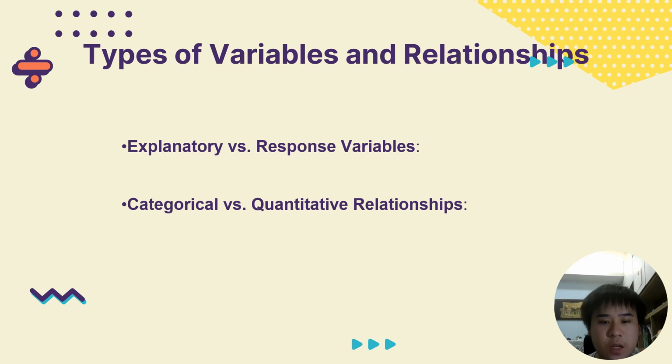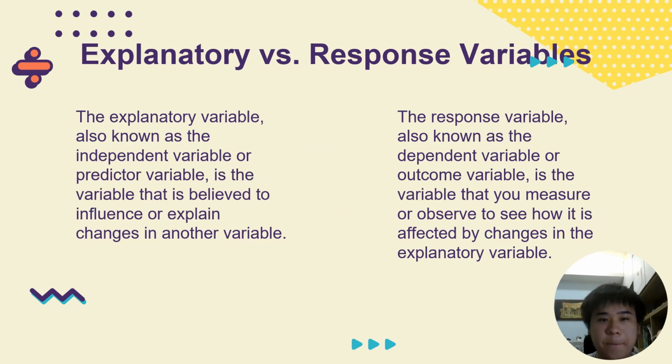Now, categorical versus quantitative relationship. We talked about that before. One is numerical, one is non-numerical data. Now, the explanatory variable is known as the independent variable, which does not depend on other variables. It is the variable that is believed to influence or cause a change in other variables.